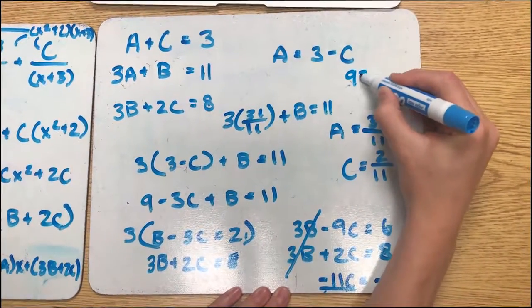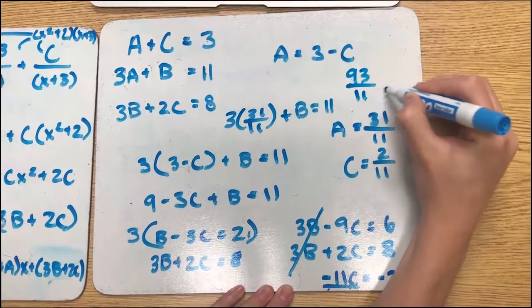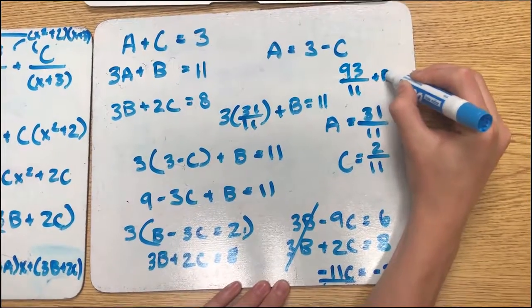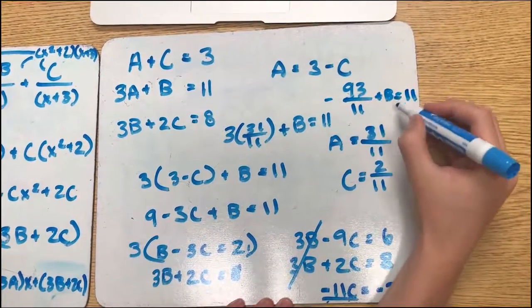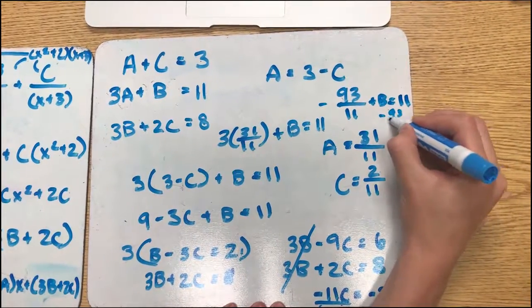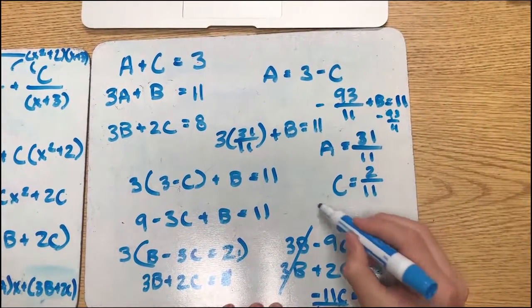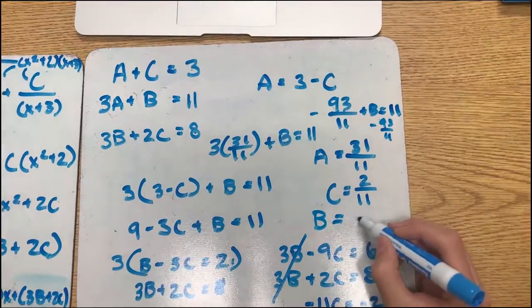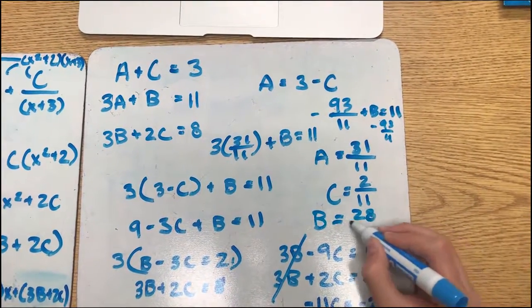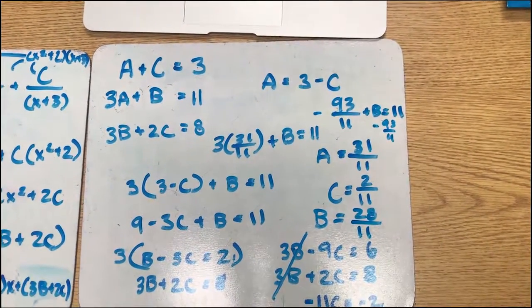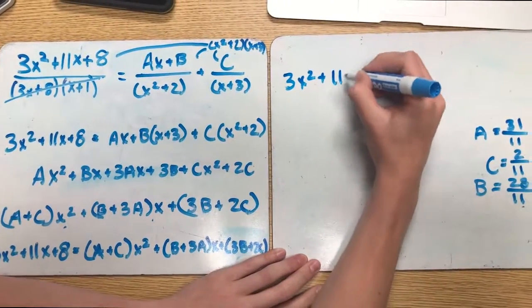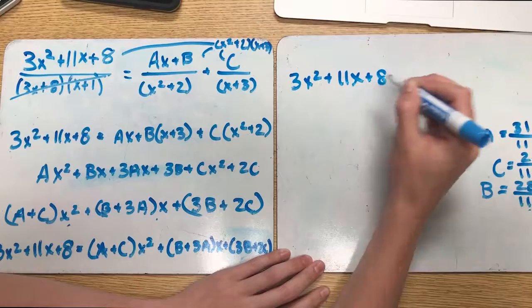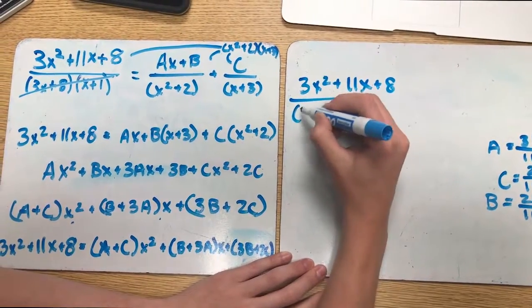After that, we solve for b. 3 times 31 over 11 is equal to 93 over 11. We subtract each side by 93 over 11 to get b is equal to 28 over 11. Finally, all we need to do is plug in a, b, and c into the original equation.